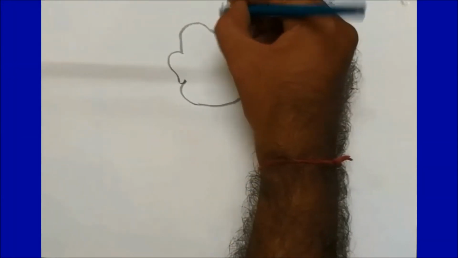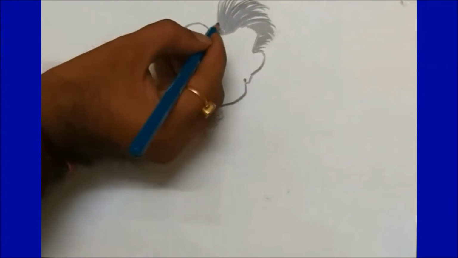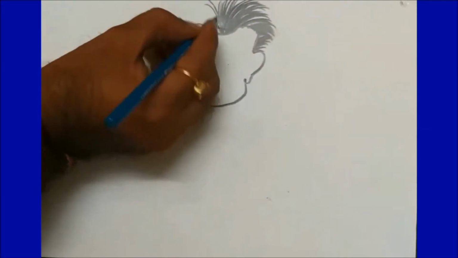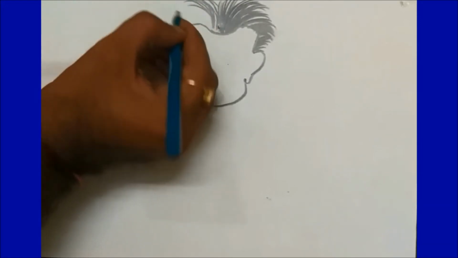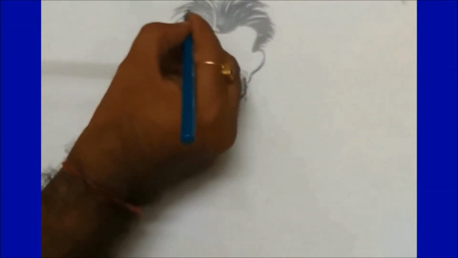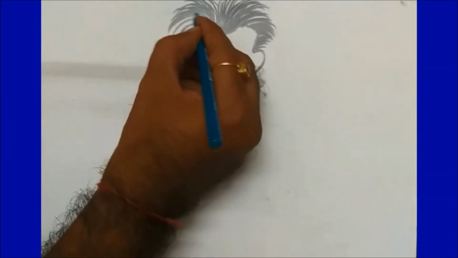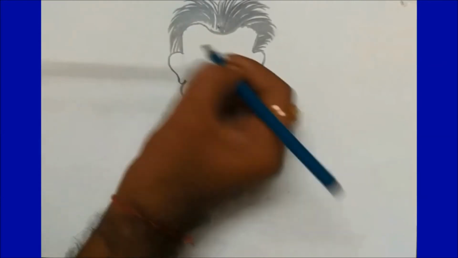At the center you can make it straight. Now here, there, a curve. A stroke is curving back. Here.